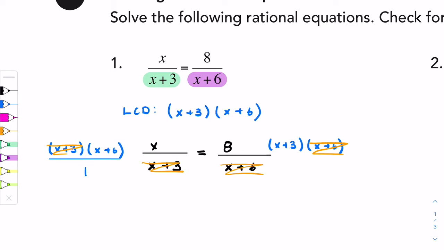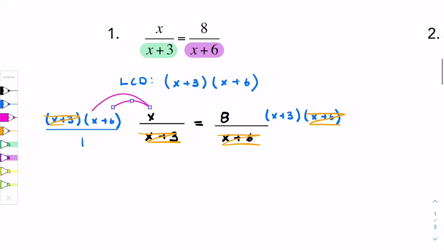At this point, you need to multiply out your numerators to get them in standard form. The left side becomes x squared plus 6x, and the right side becomes 8x plus 24.